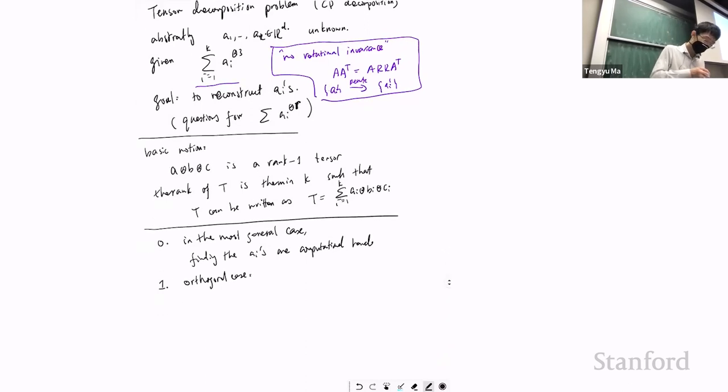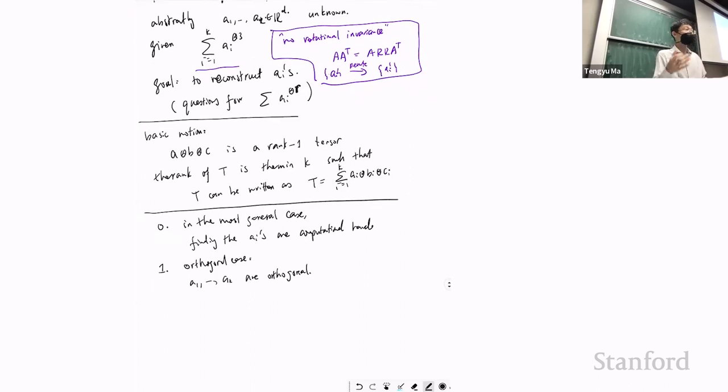Orthogonal case means that A1 up to AK are orthogonal. In this case, this is the closest to the eigenvector case, right? Here you can say that each of the AI is a global maximizer.